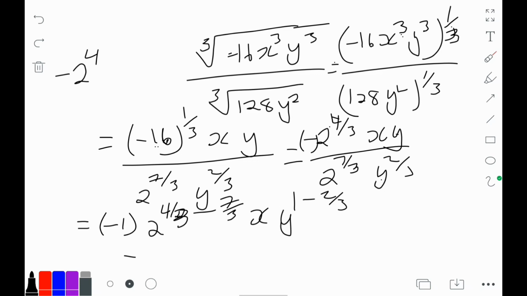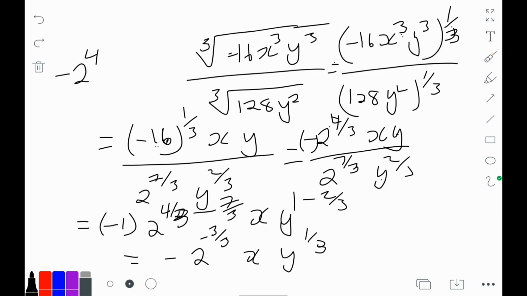So this one here, we can just simplify it. We can get negative 2 to the power, it's 4 minus 7, it's going to be negative 3 over 3, which is the same as negative 1. Then x, 1 is going to be 3 minus 2, which is going to be 1 over 3.